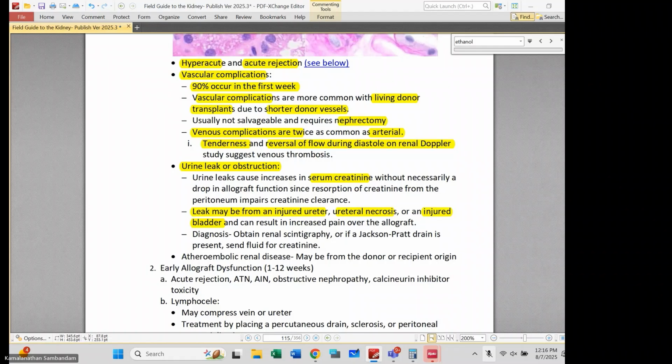Sometimes you can compromise that vascular supply, and that would be an explanation for ureteral necrosis that might occur immediately post-transplant, or even within that first 2 weeks, where you have a compromised vascular anatomy that later manifests as a ureteral necrosis.